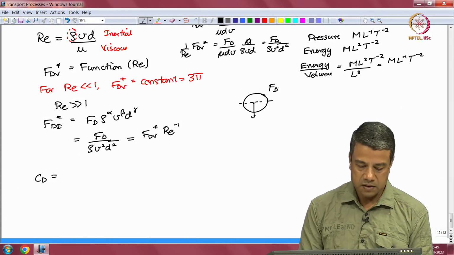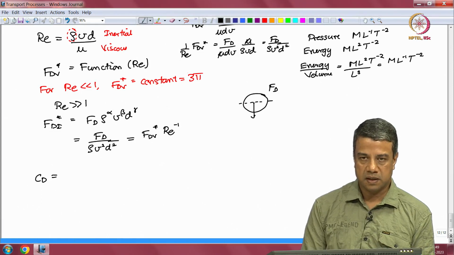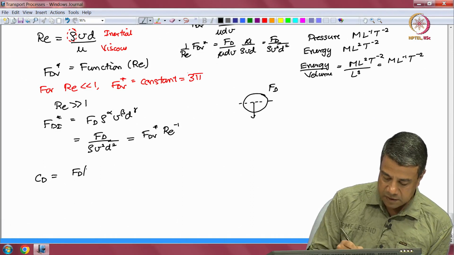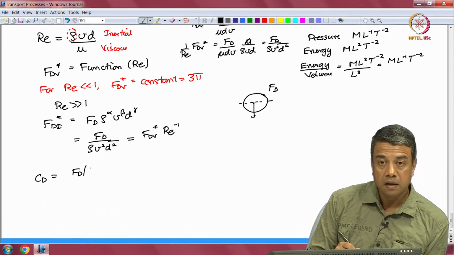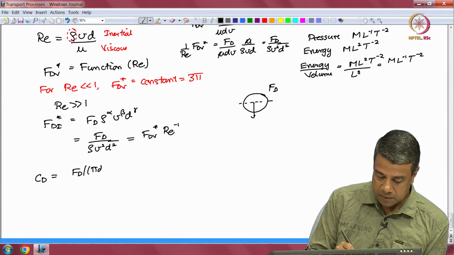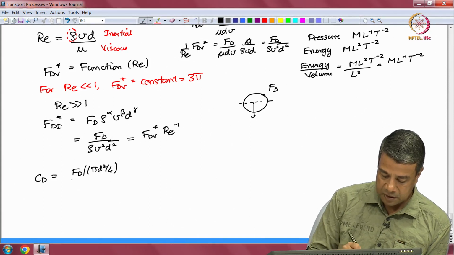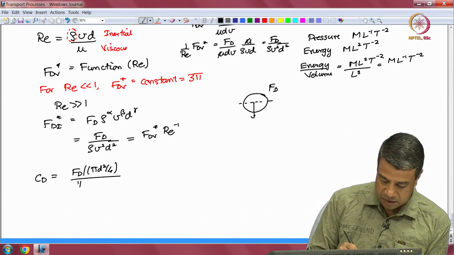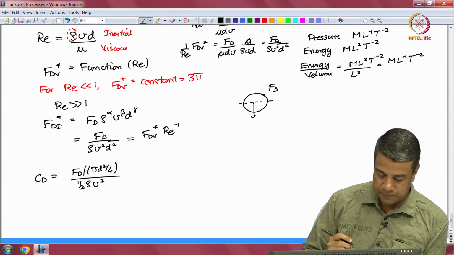So, C_d is defined as a pressure, which is the drag force divided by the projected area, area projected perpendicular to the flow, pi d square by 4, divided by a kinetic energy per unit volume, that is half rho v square.